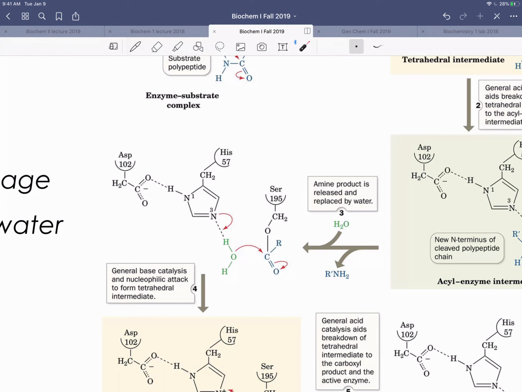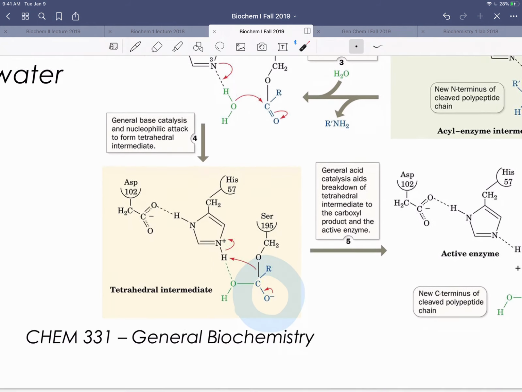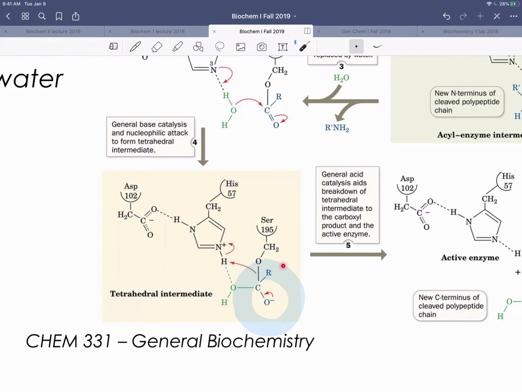It actually doesn't do the initial chemistry. So we're going to have nucleophilic attack by water on the carbonyl carbon of this serine peptide intermediate. The nucleophilicity of water is enhanced by histidine 57 acting as a general base. And again, its basicity is facilitated by aspartic acid acting as an electrostatic catalyst. So once again, we generate a tetrahedral intermediate that's stabilized by our oxyanion hole. And then we're going to decompose this tetrahedral intermediate.